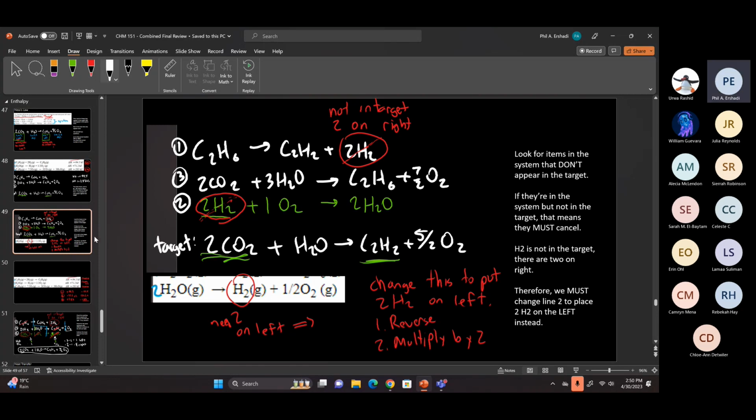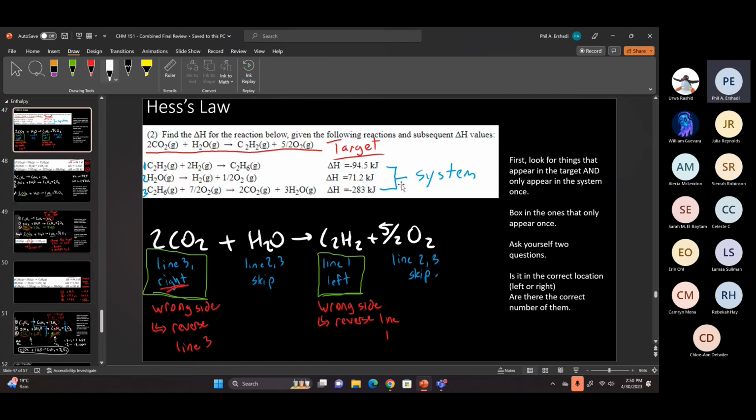And yeah, I won't lie, it was going to be a mess. There's no way for that to work out nicely, to be quite honest with you. So if you're going to practice Hess's law, start on questions that are 2 lines rather than 3, because this was kind of a killer.